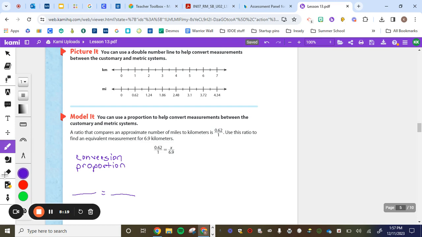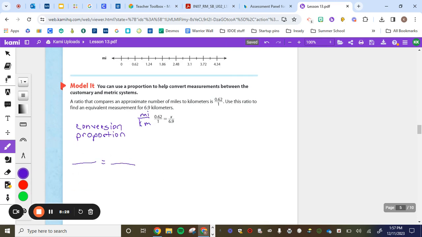So 0.62 is the miles, so they put miles on top and the kilometers on the bottom. In the first part, you're going to use whatever your conversion factor is. You can just call that the conversion factor if you want to. Whatever the conversion factor is, that's what they'll give you.